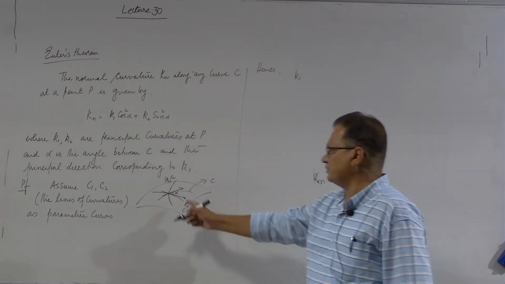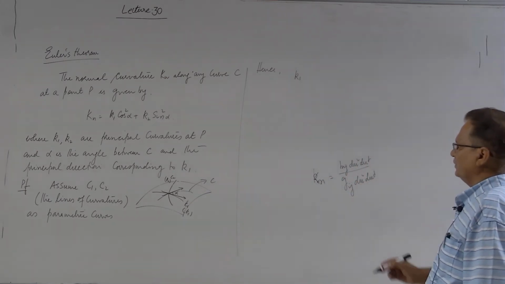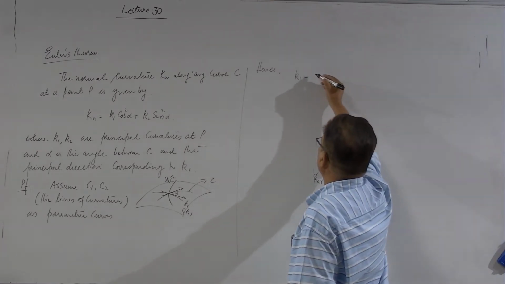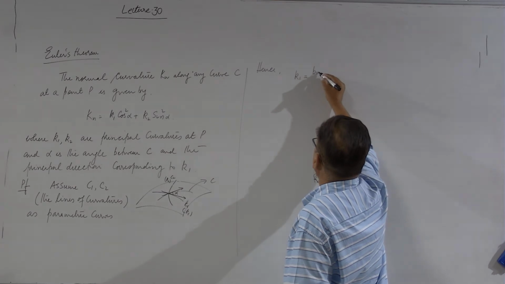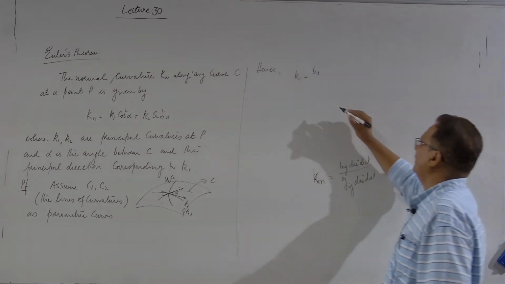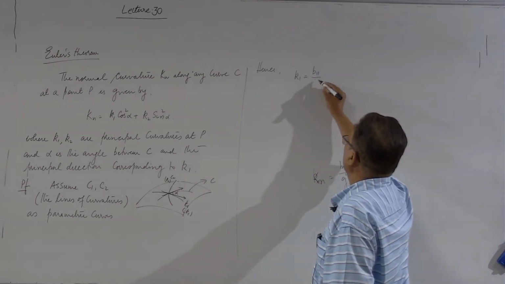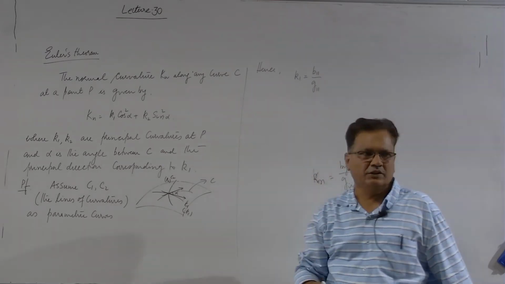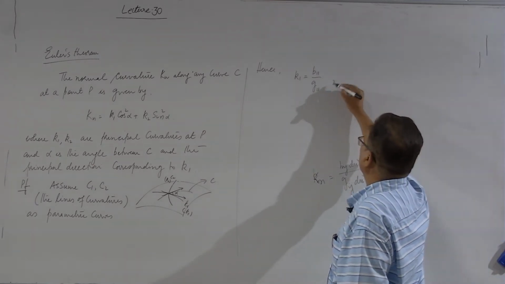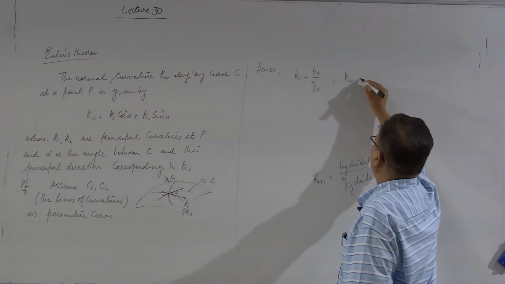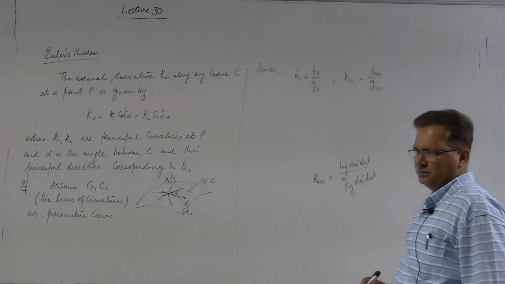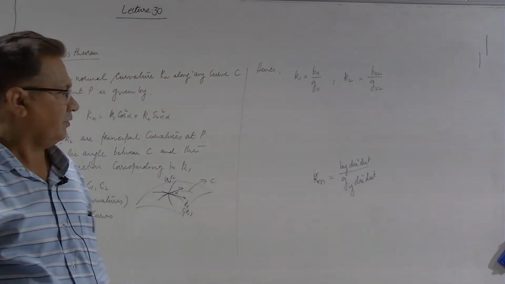Now, since these curves C 1 and C 2 are parametric curves, du2 is 0, so only b11 will be left, into du1 square upon g11 into du1 square. So k 1 is b11 upon g11, and similarly k 2 will be b22 upon g22 by the same formula.